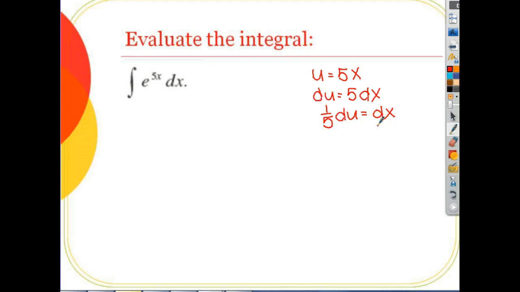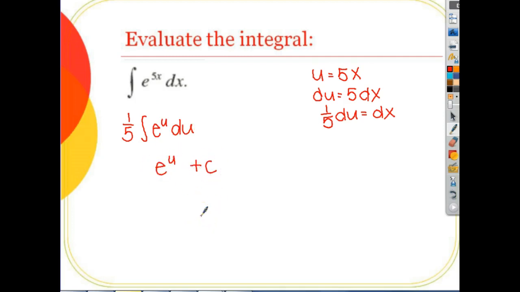So what does that 5 really do to your integral? It's going to add this 1/5 to it, because this now becomes 1/5 the antiderivative of e to the u du. We know the antiderivative of e to the u du is e to the u plus c.